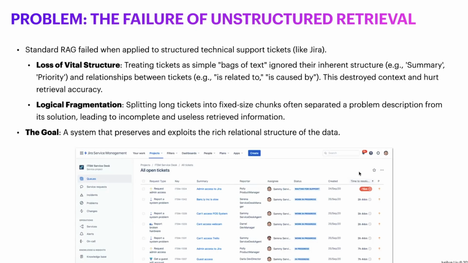For a simple RAG to handle Q&A linked to a database like this with unstructured data, there are multiple problems. The first problem is loss of vital structure. If we treat the tickets as a simple bag of text, that means if we merge all these texts into a single string, we essentially ignore the inherent structure. Some fields are relevant to some other fields.